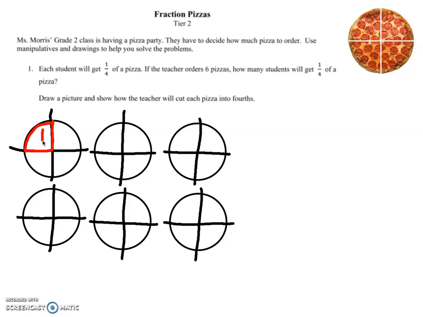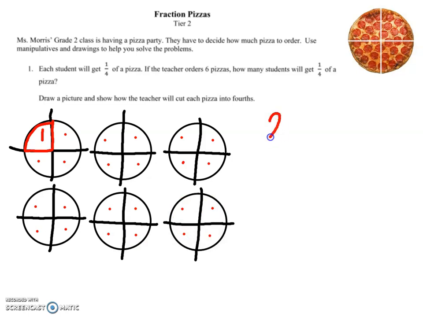So I have 1, 2, 3, 4, 5, 6, 7, 8, 9, 10, 11, 12, 13, 14, 15, 16, 17, 18, 19, 20, 21, 22, 23, 24.